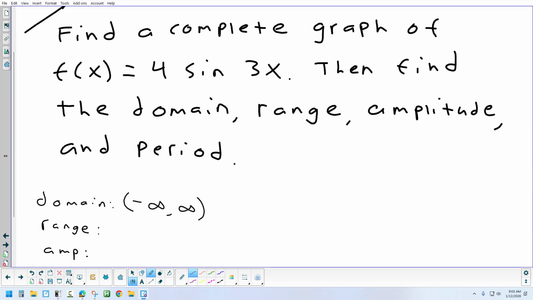Range. What is the range normally for the sine function or the cosine function? They have the same range. Yep, -1 to 1. Have you done anything in that equation that would modify the height?